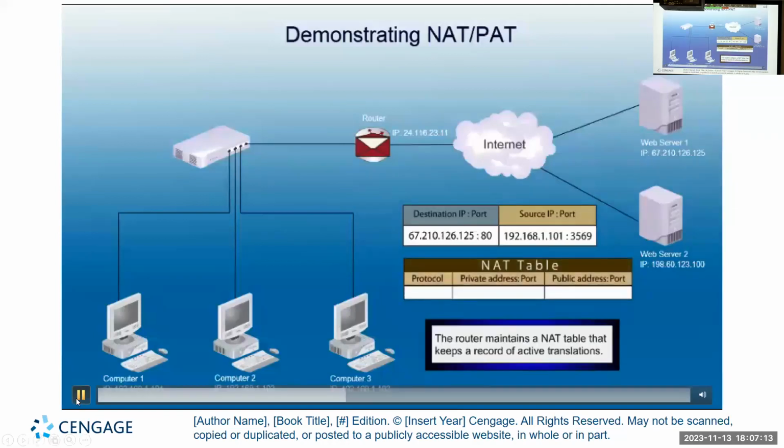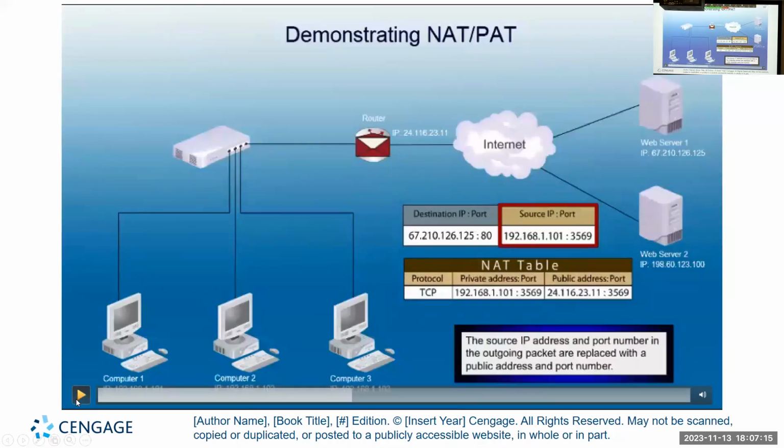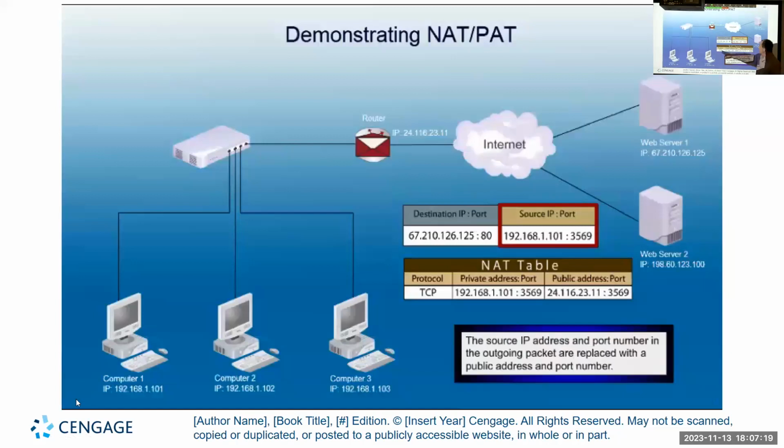So it puts the entry in its NAT table, basically saying that a TCP communication coming from internal address 192.168.1.101, port 3569, has been translated to 24.116.23.11. And it uses the same port number, but that isn't a necessity.